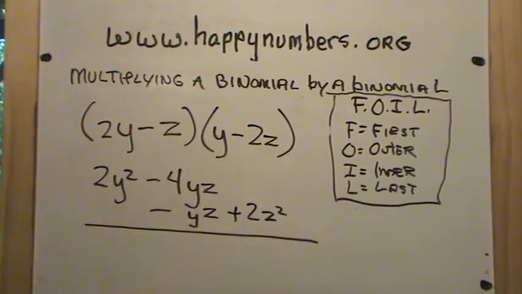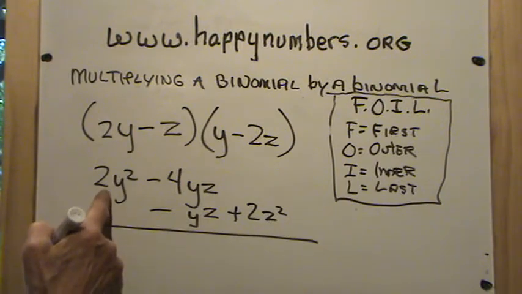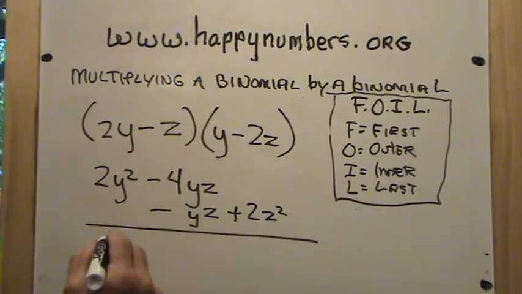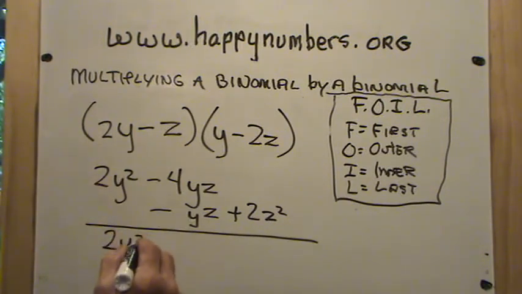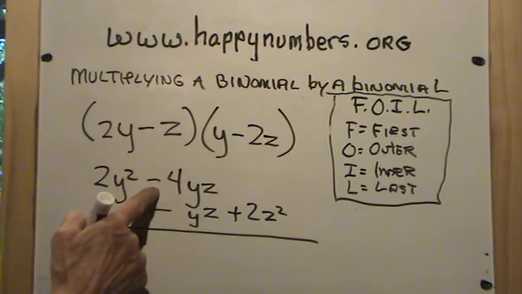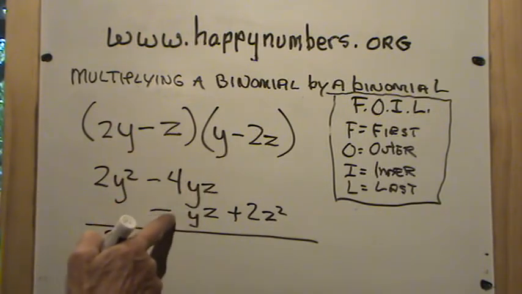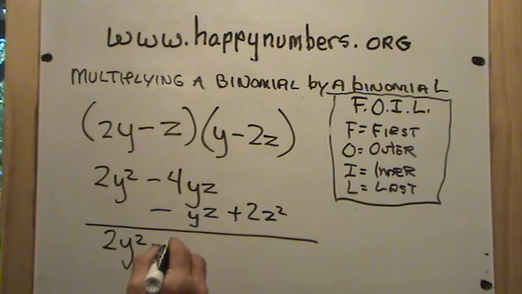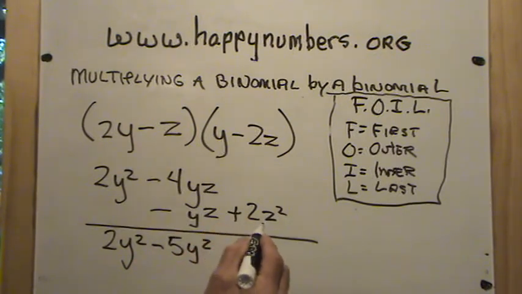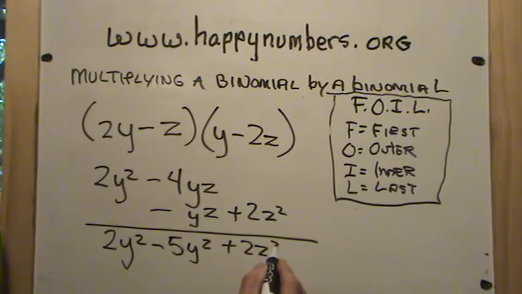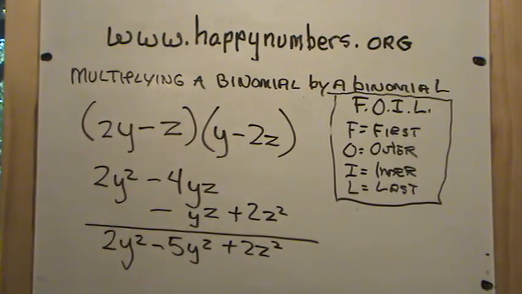And if I combine our like terms, there's only one y squared term, so I have 2y squared. Now I have negative 4yz and negative 1yz, which would give me negative 5yz. And there is only one z squared term, so that's positive 2z squared. Well, excellent.